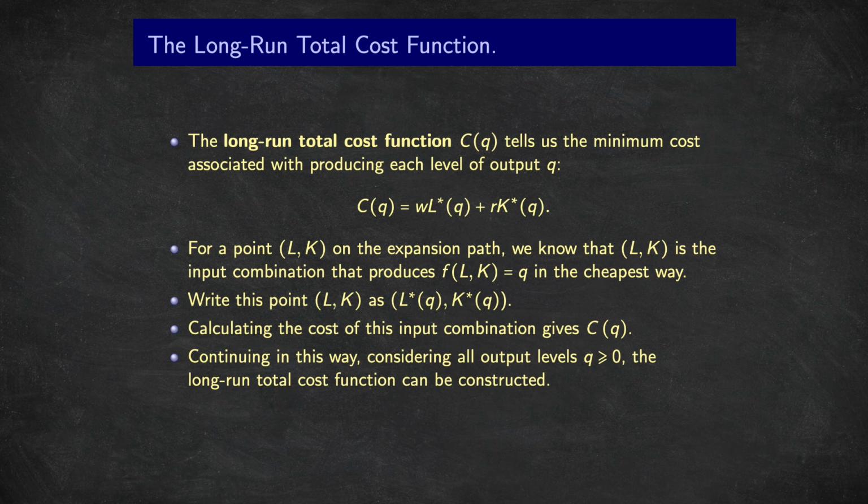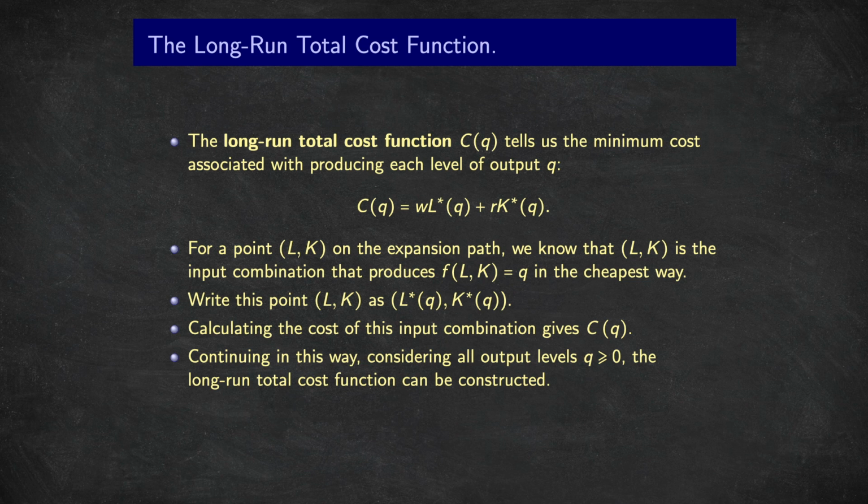Well, if we look only at the expansion path, then we know that each input combination on the expansion path is the cost minimizing input combination for a certain level of output.